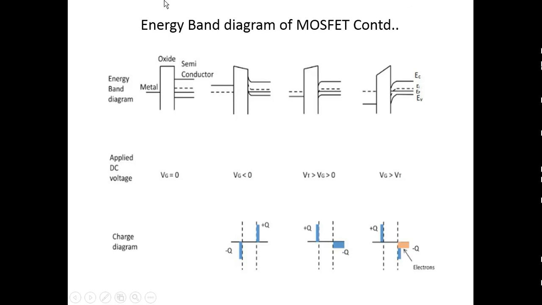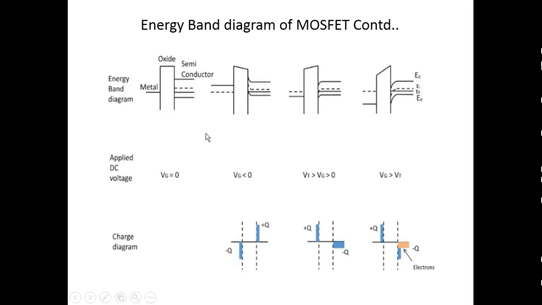Because no gate voltage is applied, that is Vg equal to 0.